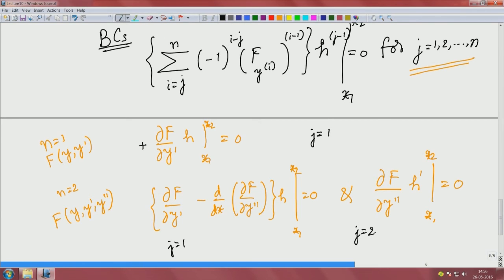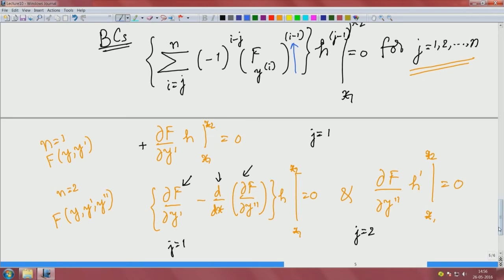For j equal to 2, i goes from 2 to 2, so we get only one term here. j equal to 1 means that you will have two terms coming, the first term and then the second term. For i equal to 1, there will be no derivative there, otherwise we have one d by dx, as this one is showing.